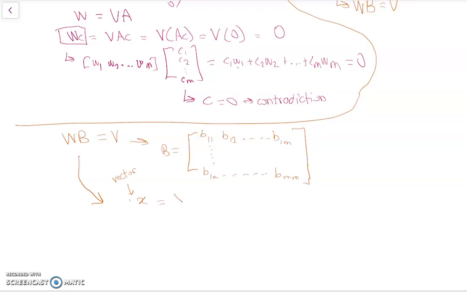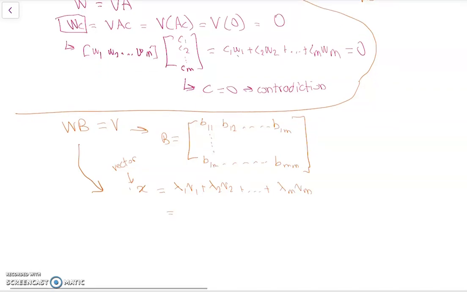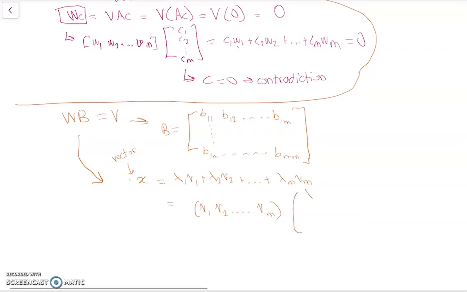Let's say we have lambda 1 v1 plus lambda 2 v2 plus dot dot dot plus lambda m vm. This can be rewritten using a row vector and column vector: the v's in a row times the lambdas in a column.